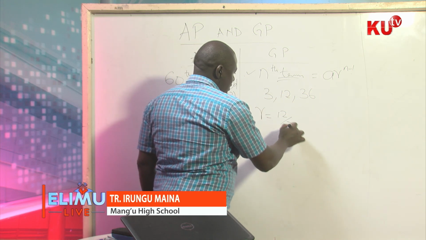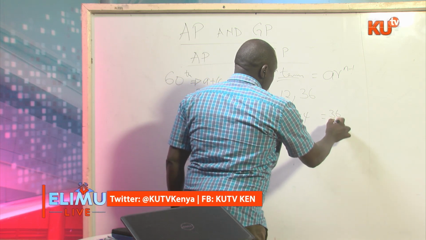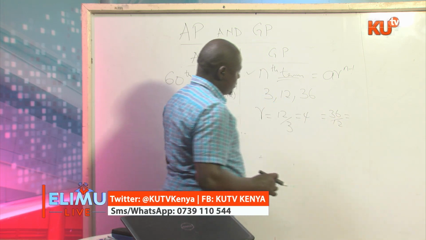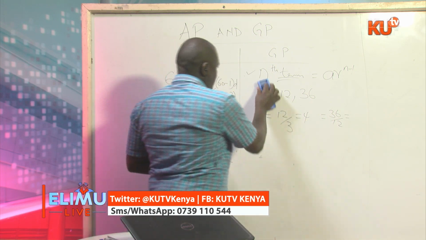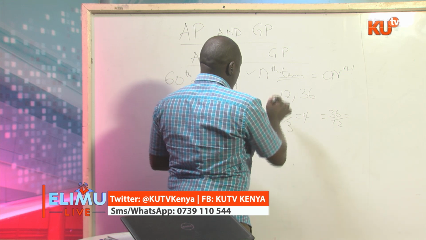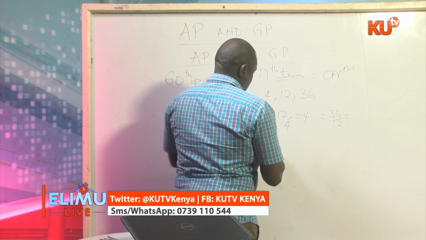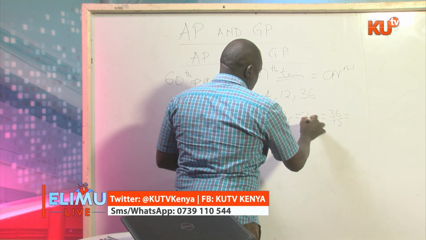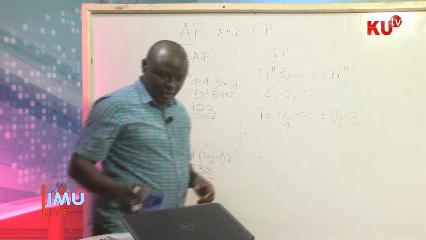It's 12 divided by 3, which gives you 4. It's the same as 36 divided by 12. I want this to be 3. The first value to be 4. So that this is a 3. And 36 divided by 12 is again a 3.